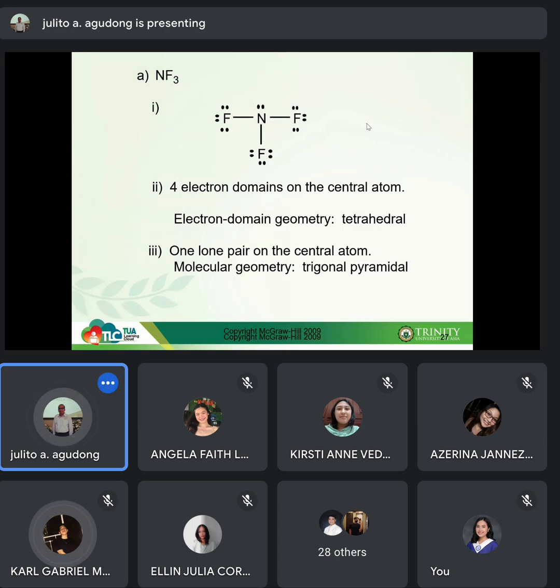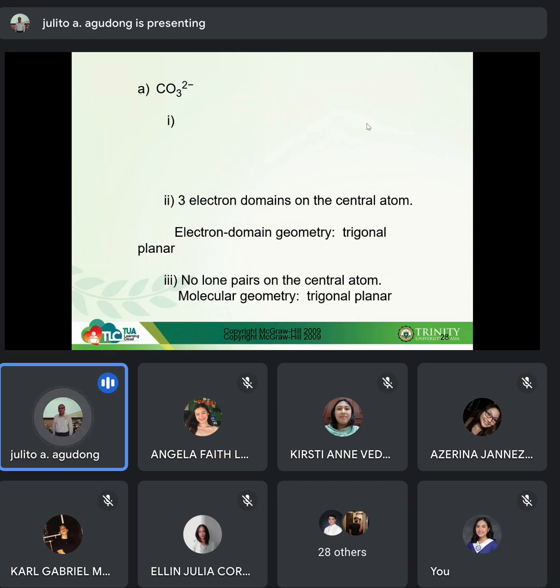Those are your non-bonding electrons for fluorine and nitrogen after doing the Lewis structure. What about the carbonate ion?